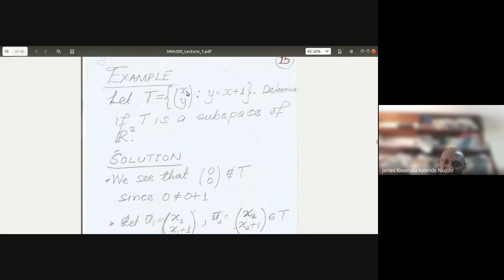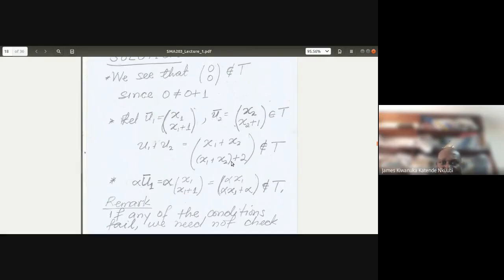So if the first component is x, the second component will be x plus 1. So that's what we are doing at the next step. We pick two vectors in T, and both of them will take this form: x1, x1 plus 1, and x2, x2 plus 1. So again, if we add them, I forgot the bars again here. This should be bar u1 plus bar u2.